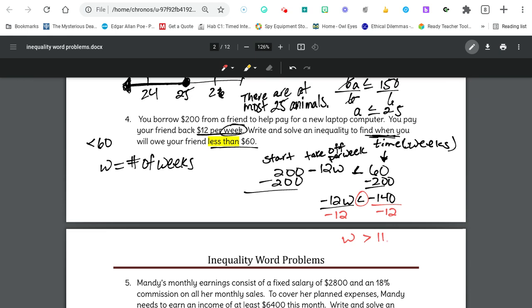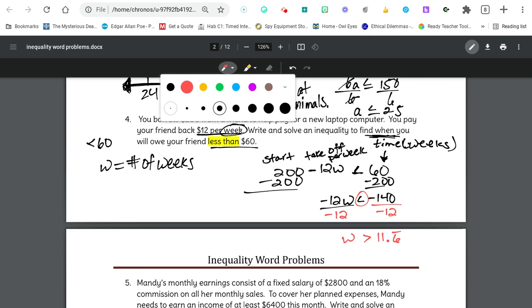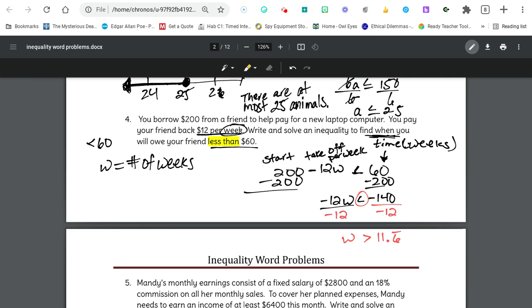And you get something like 11.666. It's like 11 2/3 of a week. So I'm going ahead and graph this. Graph it. Go back to play. Okay.